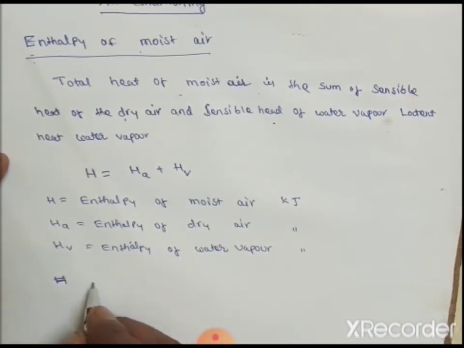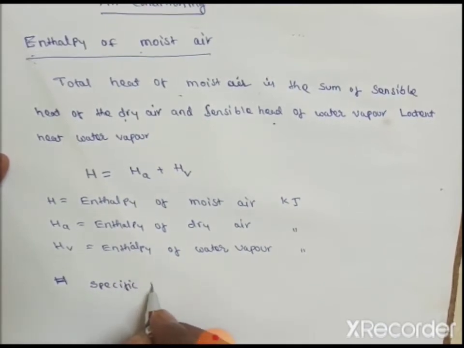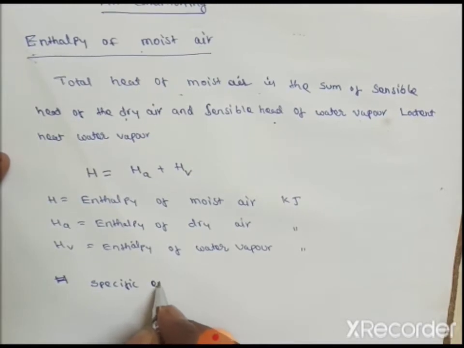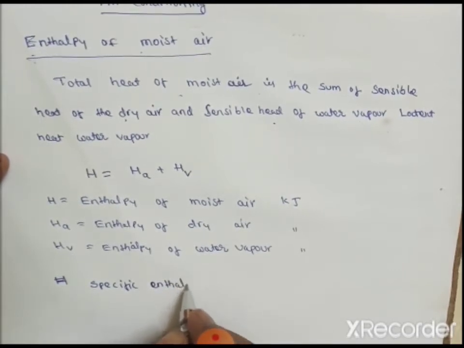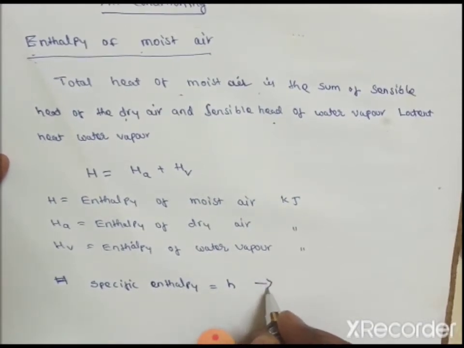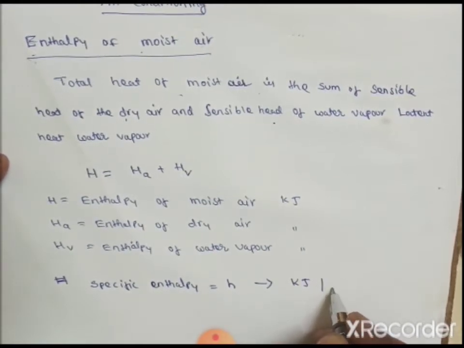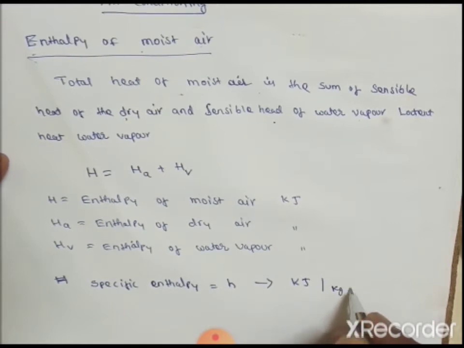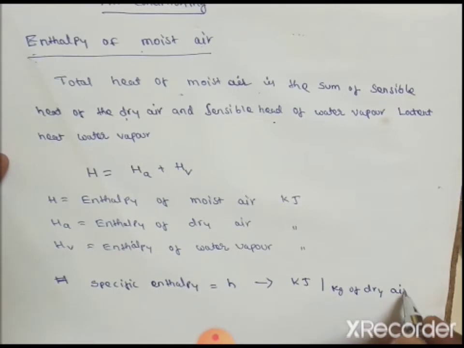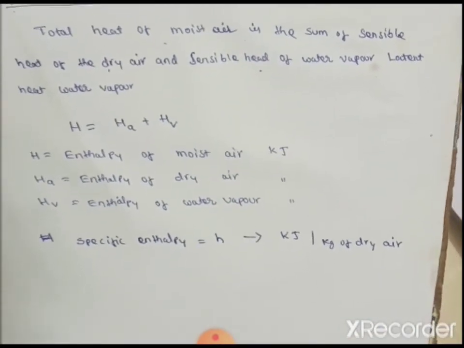Specific enthalpy is denoted by small h and it is in terms of kilojoule per kg of dry air.